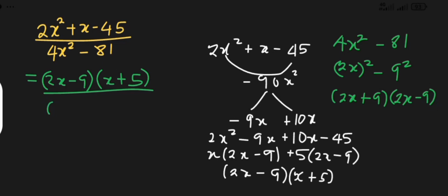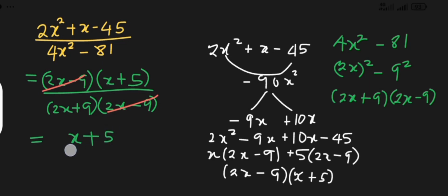So the denominator is the product of 2x plus 9 and 2x minus 9, where we then take out the common factors in the numerator and the denominator. 2x minus 9 cancels out, leaving us with x plus 5 over 2x plus 9 as the simplified fraction.